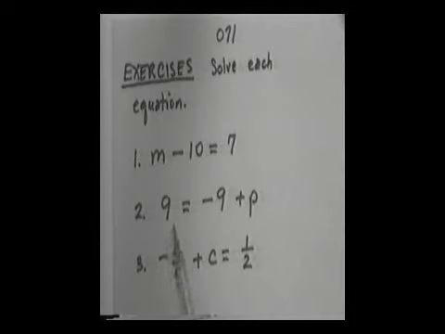Exercise 2. 9 equals -9 plus P. Exercise 3. -4/5 plus C equals 1/2.